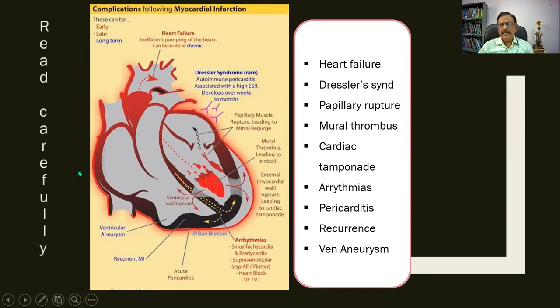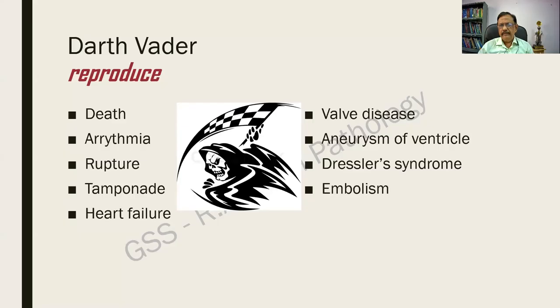So the precaution is read carefully. If you still have some doubts, you reproduce this one. This is a mnemonic from the net, Darth Vader. Death is one complication, arrhythmia, rupture of the various structures, tamponade.